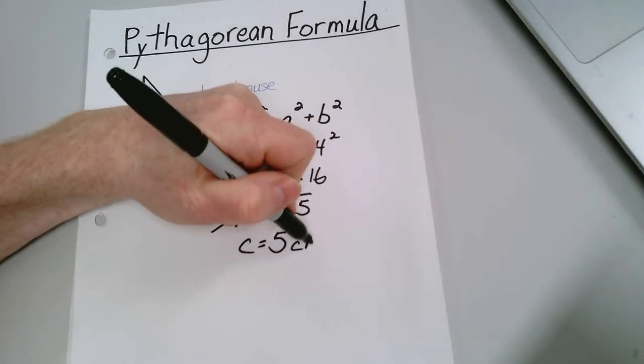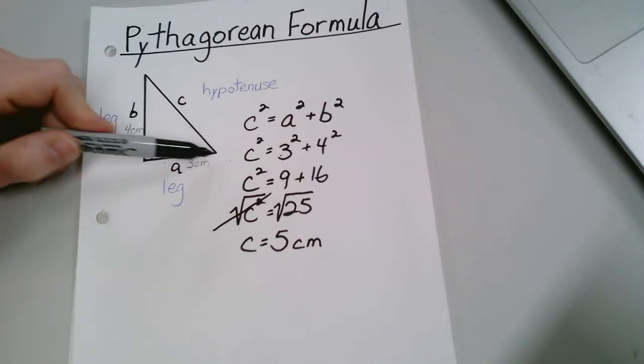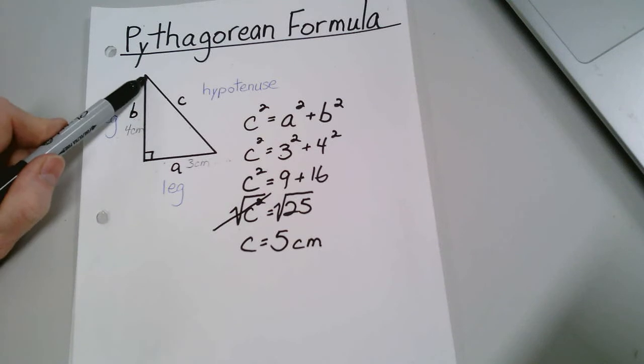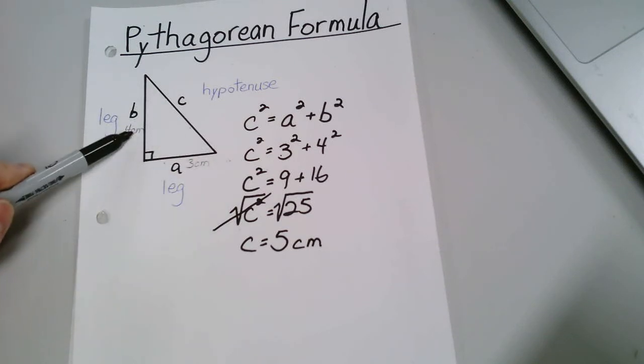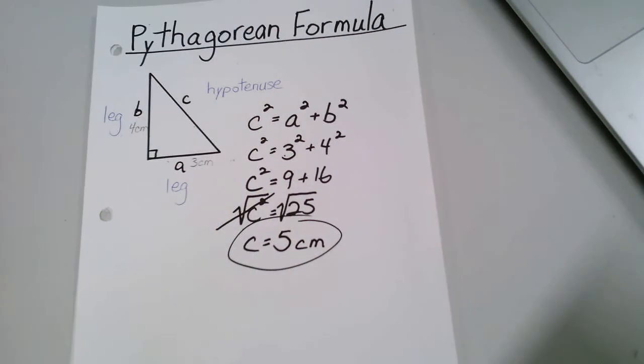So the length is 5 centimeters, which makes sense. Whenever you do these questions, you could just look at the other sides, the legs here, and say, well, if this one's 3 and this one's 4, we can actually see that this side here, the hypotenuse, is a little bit bigger than this leg here, so a little bit bigger than 4, and 5 totally makes sense.